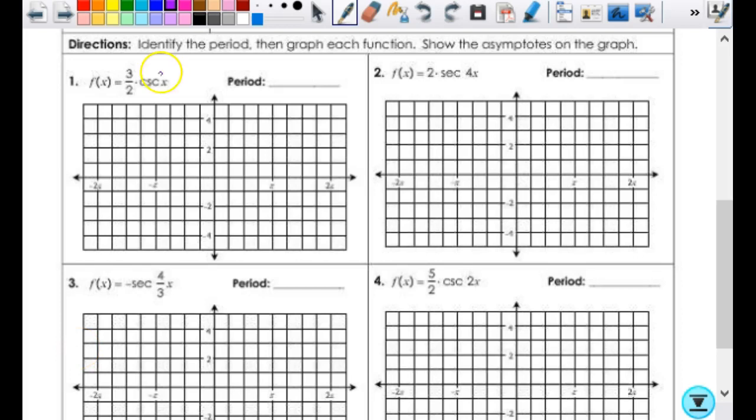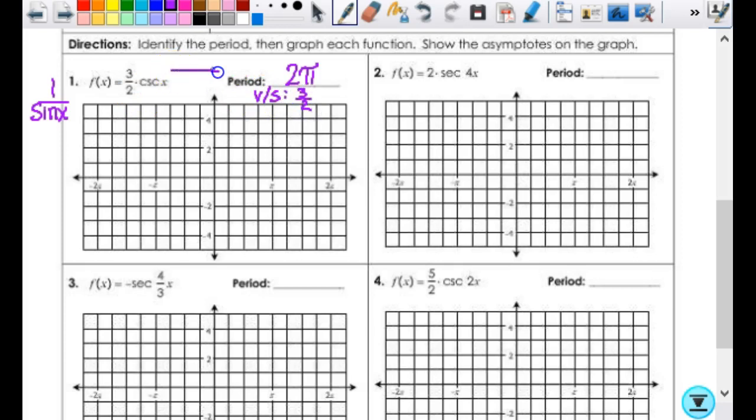So there is no b here. This is cosecant, so my period is 2 pi. Okay, and cosecant is 1 over the sine of x. I do not have an amplitude. It's undefined, but this 3 halves, that is my vertical stretch. That is important to me for sure.